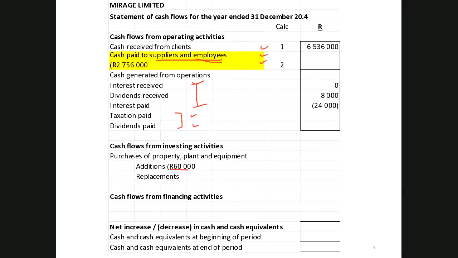So with regard to general ledger accounts, those are the ones you're normally going to need to reconstruct. But don't start reconstructing them until you've thought a little bit, because sometimes the number might actually be there and you don't need to reconstruct.